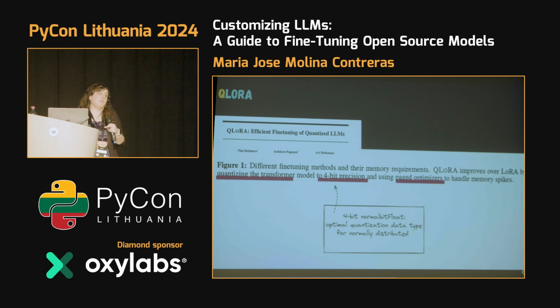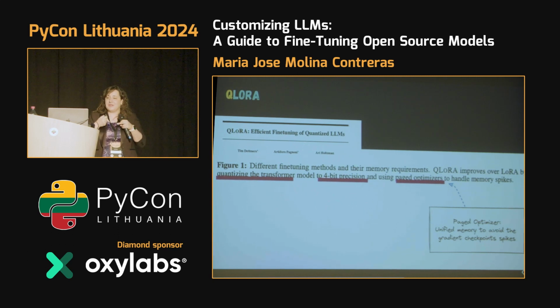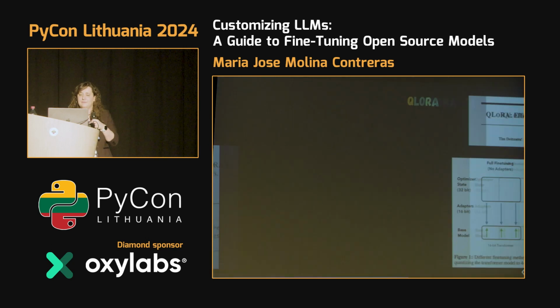In the publication, they are talking about 4-bit NormalFloat, an optimal quantization data type that they created to get better precision. And then we have this paged optimizer, which unifies the memory to try to avoid spikes and make it more stable.